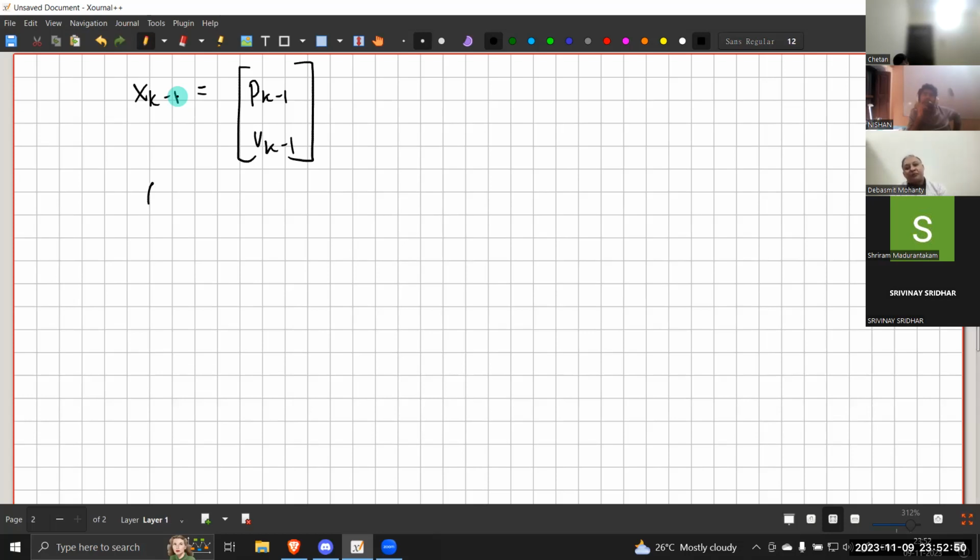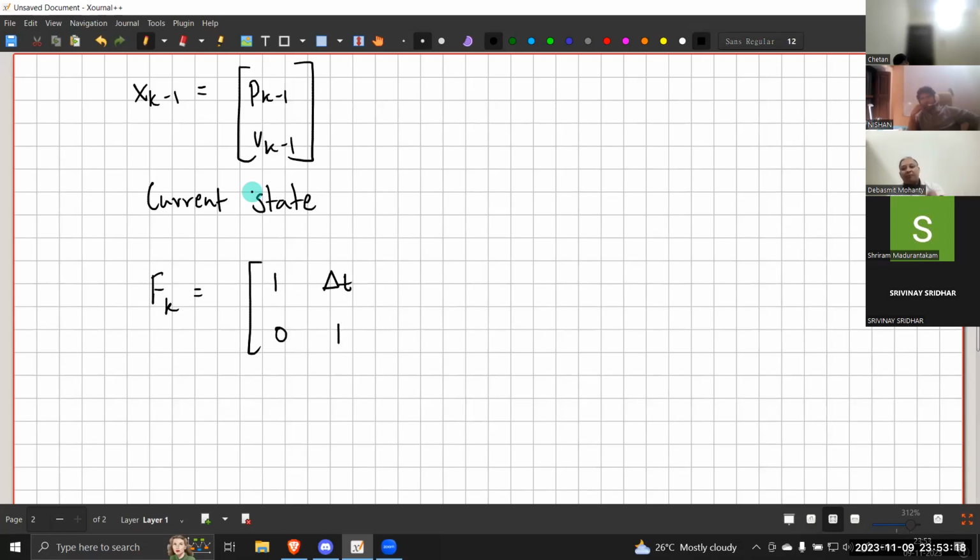So this is our current state. Is this a predicted state? No, it's the current, present, real-time state. You apply a matrix to go to the next state, to predict the future. So you'll apply a matrix called Fk to x to get the next state, which is Pk Vk.